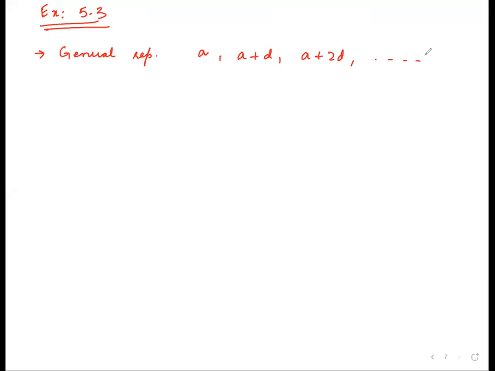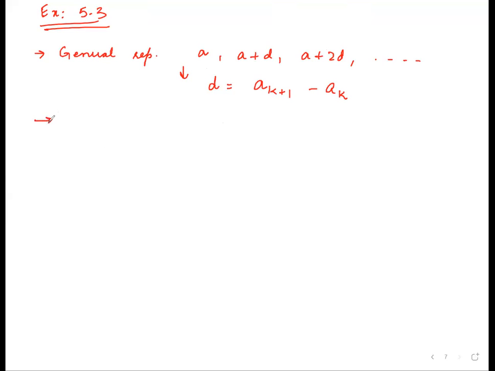So that's how an AP goes on, right? If I want to find the common difference d, I may just subtract any two terms. I write it as a k plus 1 minus a k. It can be a2 minus a1, it can be a3 minus a2, or whatever.